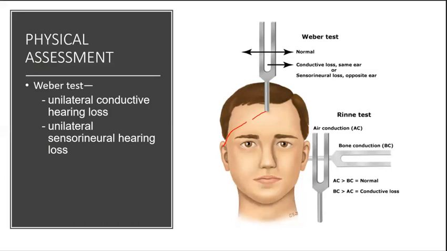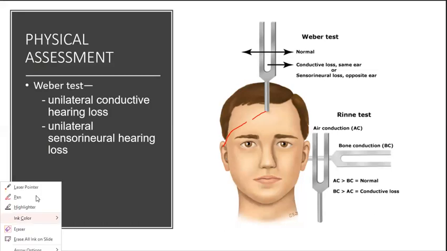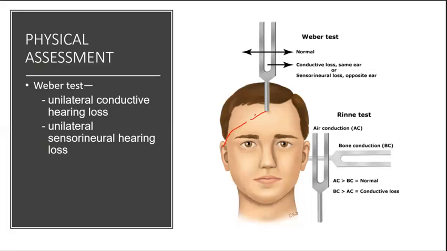But if it's a conductive hearing loss, let's say this is our track where the sound wave is supposed to be conducted to the ear. If there's an obstruction here, what is going to happen is that the sound is going to be piling up on the area that has the problem, almost like cars building up in traffic, and all of them are going to be honking their horns.